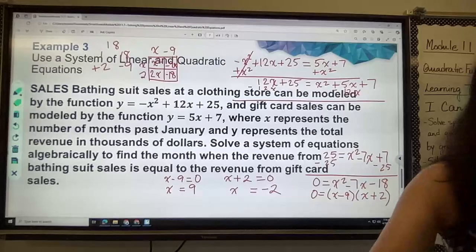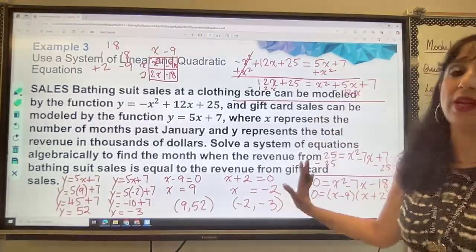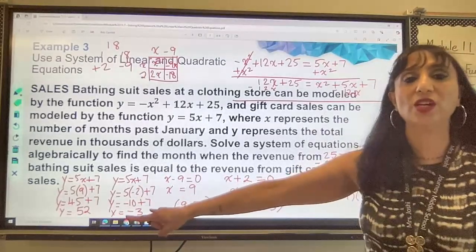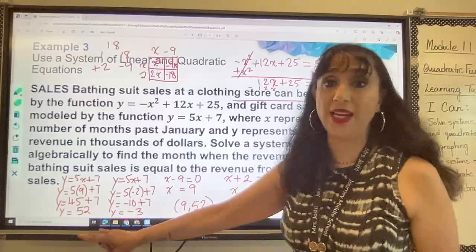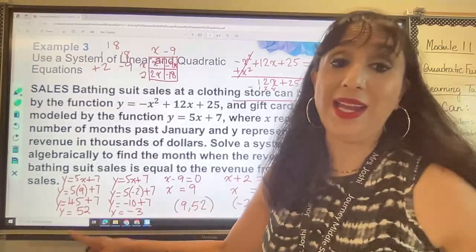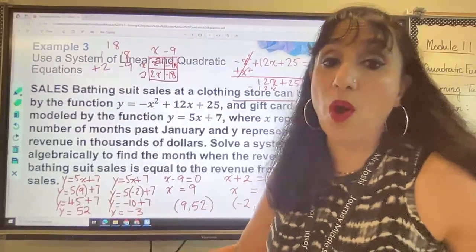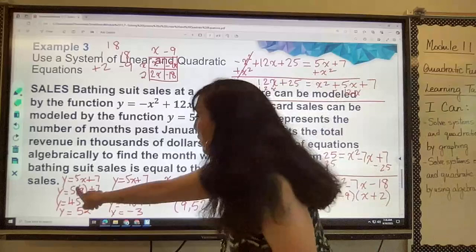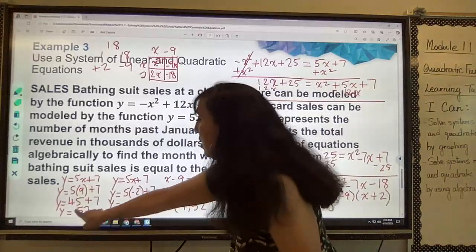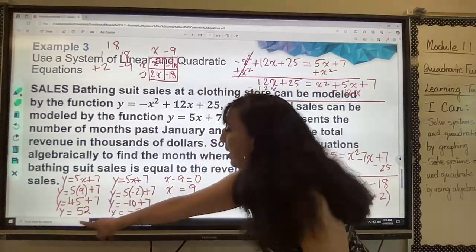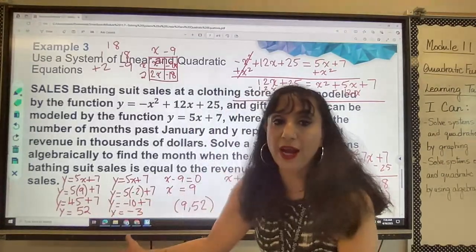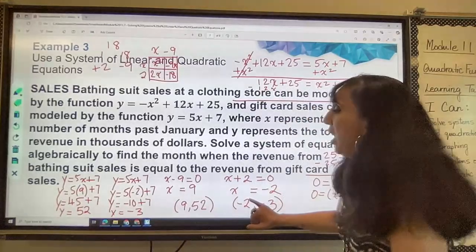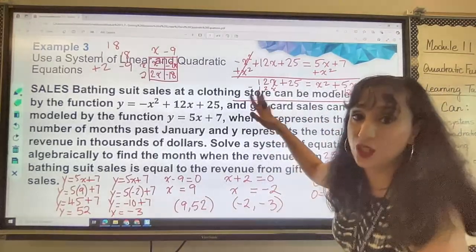So to save us time, I just went ahead and substituted the values of x into my linear equation, because I've got to substitute that into either of the equations, and then I solved for y. So when I put in my value of x is equal to 9 into 5x plus 7, 5 times 9 plus 7, I get 52. So my ordered pair would be 9, 52. The negative values are not going to work for this situation.